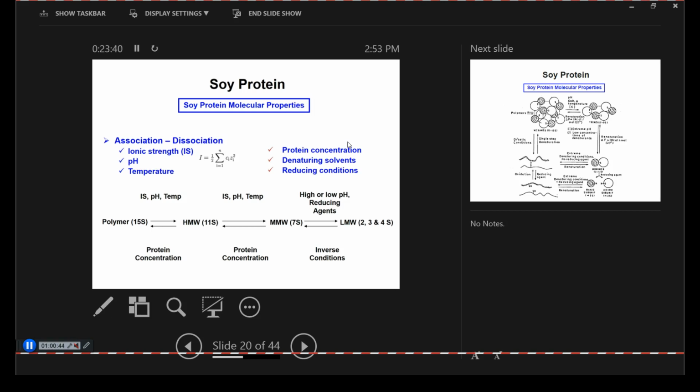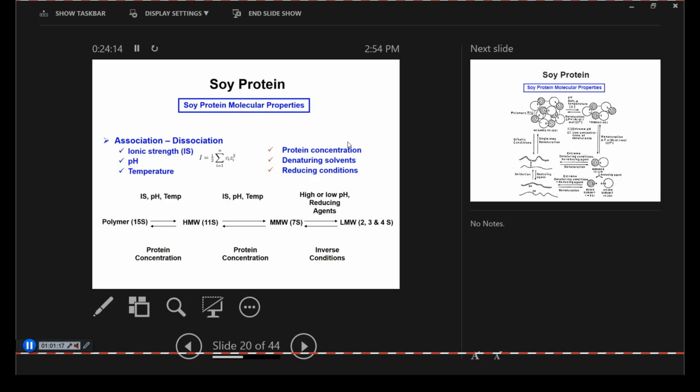So, in general, when we have a 0.5 ionic strength, glycinin exists as an 11S, mostly. If we increase the ionic strength, it starts associating more with other proteins due to shielding of charges and more hydrophobic interactions. And of course, if the protein concentration is higher, then we tend to form a larger polymer with a sedimentation value of 15S.